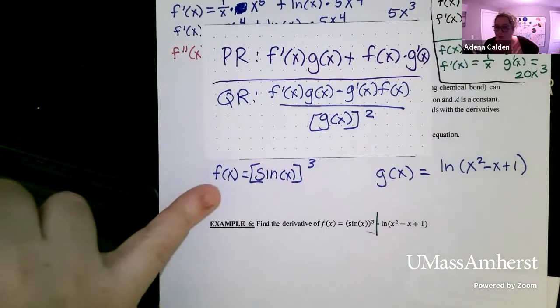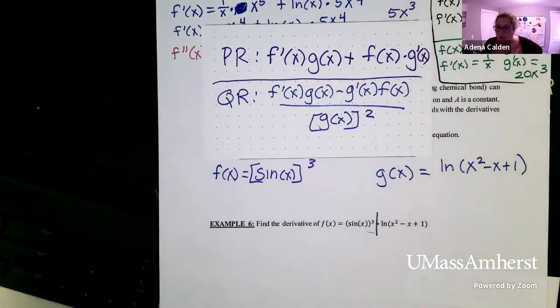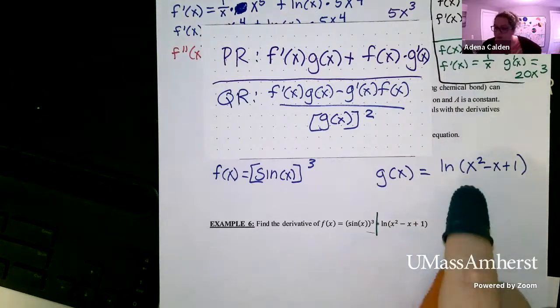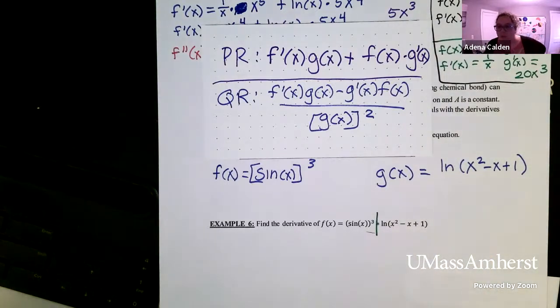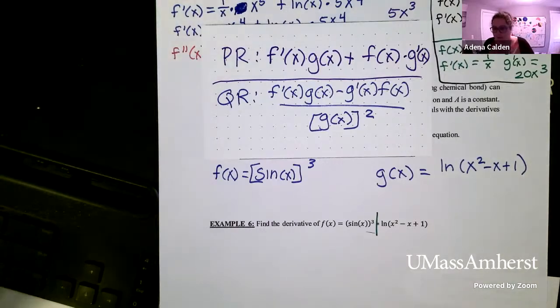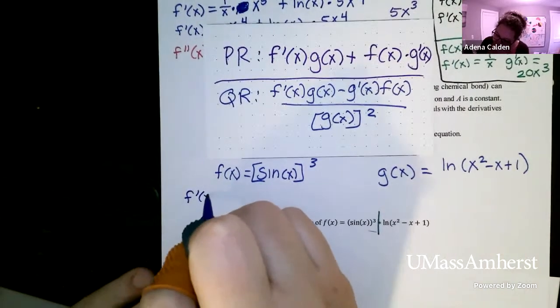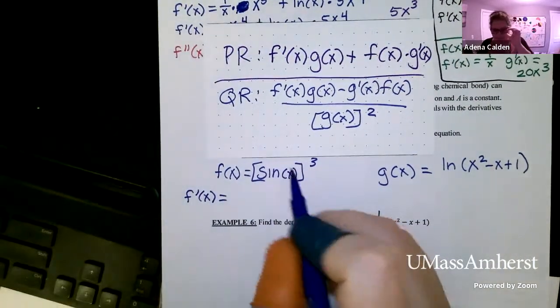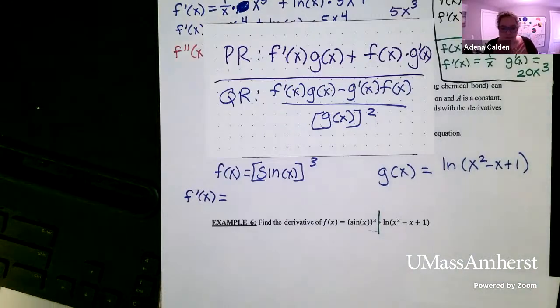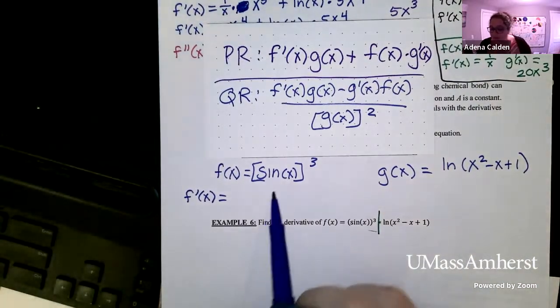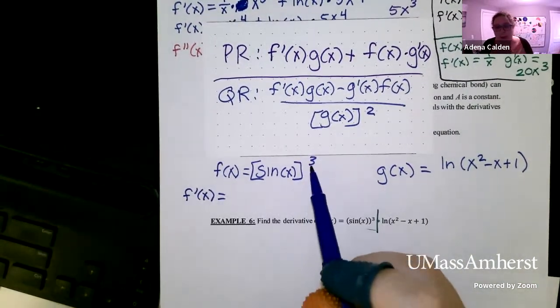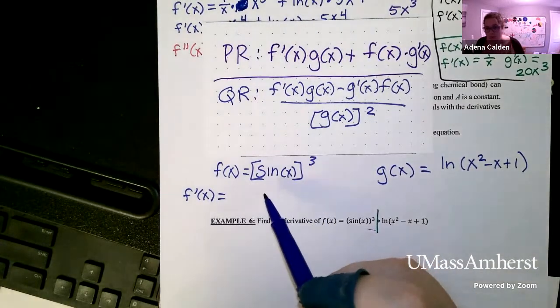The first one we're going to call f, which is our sine of x all cubed. The second one is our g, which is the natural log of x squared minus x plus 1. So now we need to find each of their respective derivatives. When we go to do that, we see that we do have to use a chain rule here to find each of their derivatives. For the f of x, we do have parentheses to a power. So we're going to use that chain rule here.